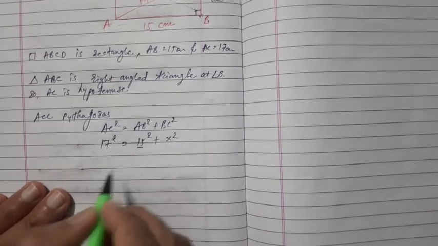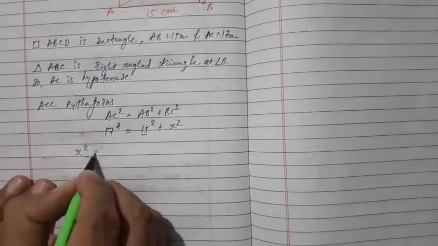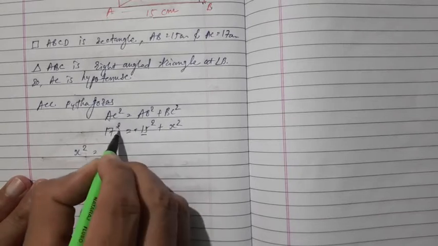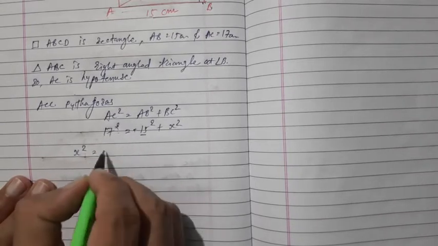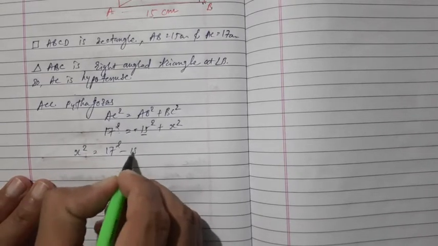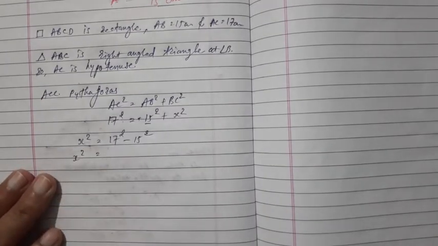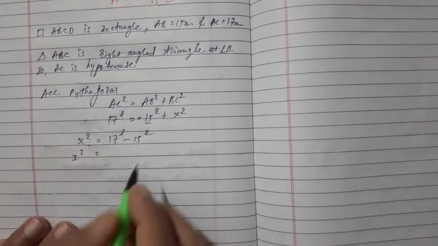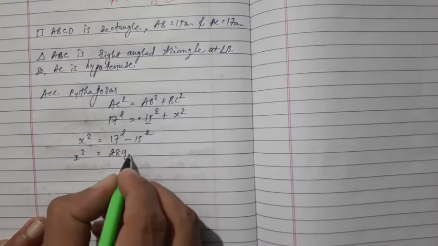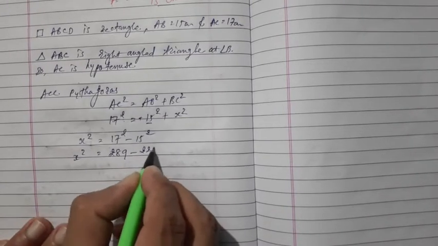Now change the side of this one. So x square equals, here plus is there, we change the side, that is minus: 17 square minus 15 square. So x square equals, now 17 square is 289, minus 15 square is 225.